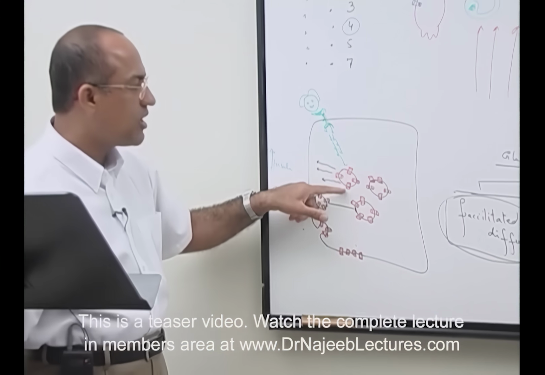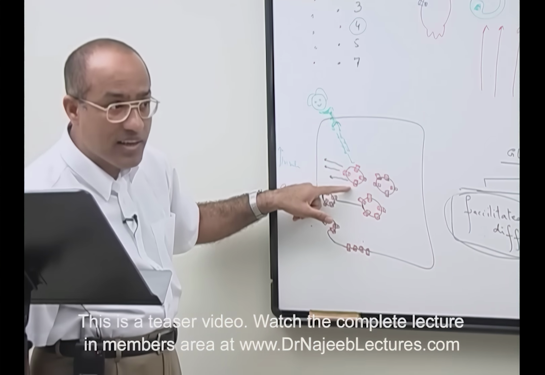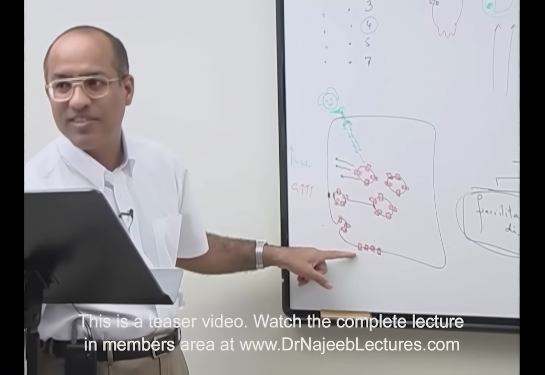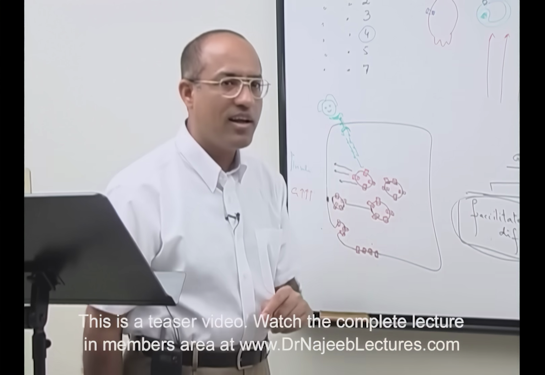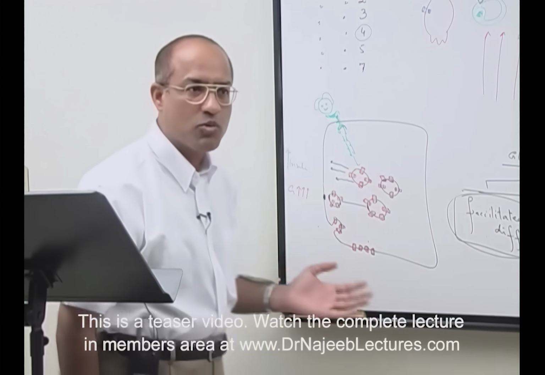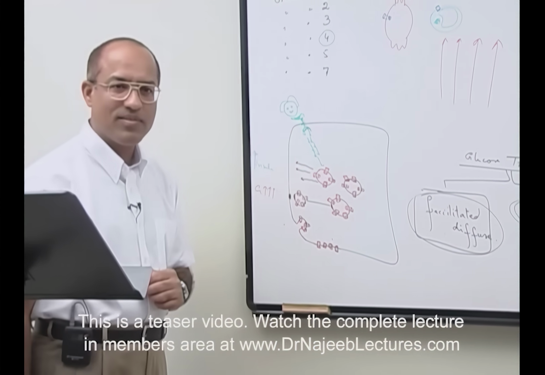In this way, glucose transporters which were previously present in the vesicular membrane, under the influence of insulin, are now present in the cell membrane, and of course permeability of the cell to glucose is increased. So glucose will now more readily go into these cells. Is that right?